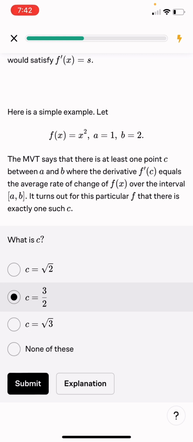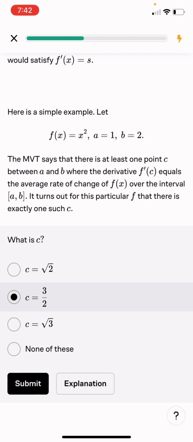The average rate of change of f over the interval is f(2) minus f(1) over 2 minus 1, which equals 2 to the second power minus 1 to the second power over 2 minus 1, which equals 3. The derivative at the point c is f prime of c equals 2c.